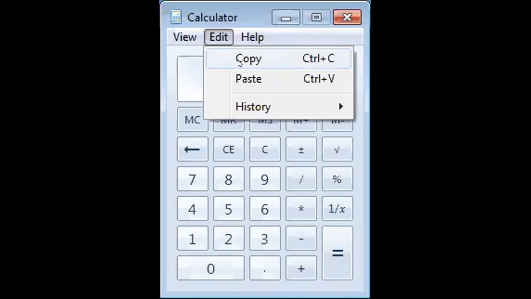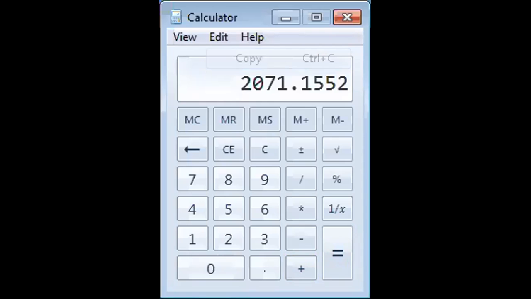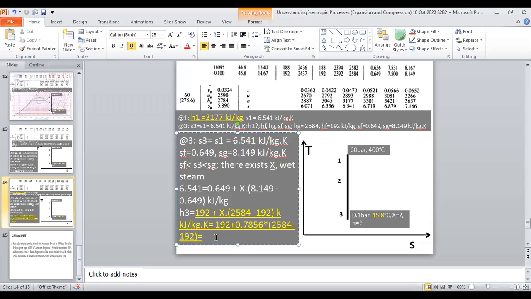That gives 2071.11552, kilojoule per kilogram.